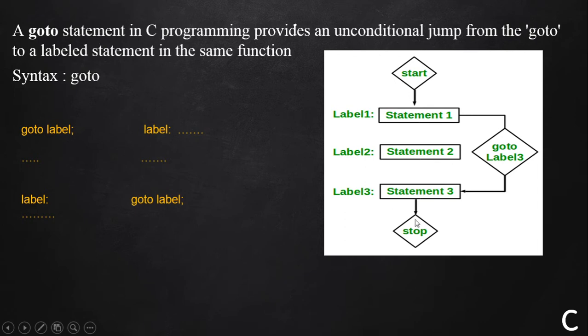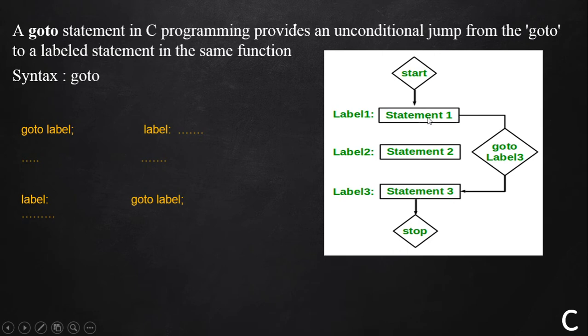Okay, the corresponding flowchart is given here. Suppose this first statement indicates a goto statement. In that case, while executing statement 1, the control is directly transferred to another location like label 3 or somewhere else which is present here. Suppose statement 1 is a goto label 3 statement.